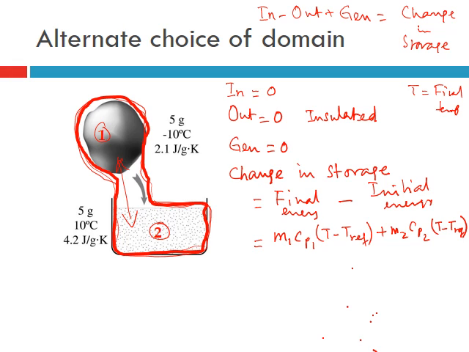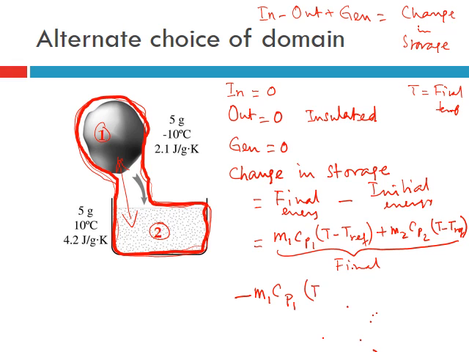Minus, so this is the final, minus initial. So initially, how much was there? There were two bodies here. So M1 had a temperature of T1.